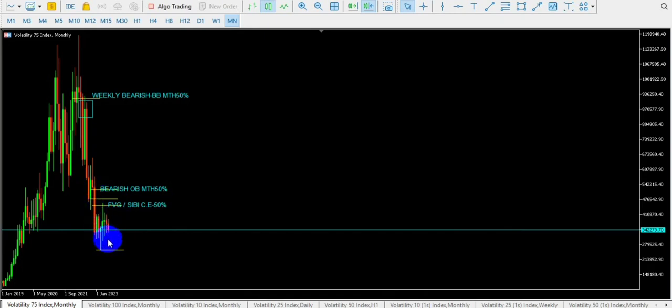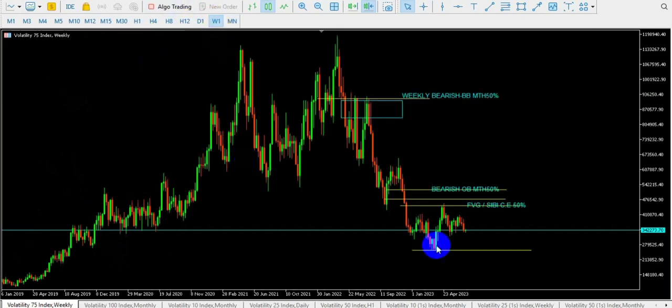Why am I expecting price to take this low? I'm expecting price, their algorithm, to do its accumulation here, because this is all consolidation. We've already seen it in the weekly time frame. It has already generated the power to push price to take this low, and that's the low we are looking at in the weekly here.